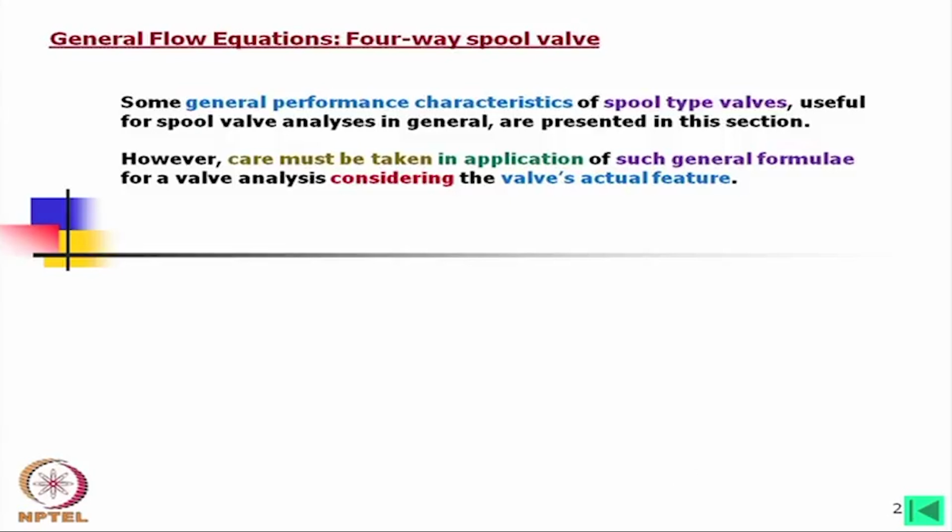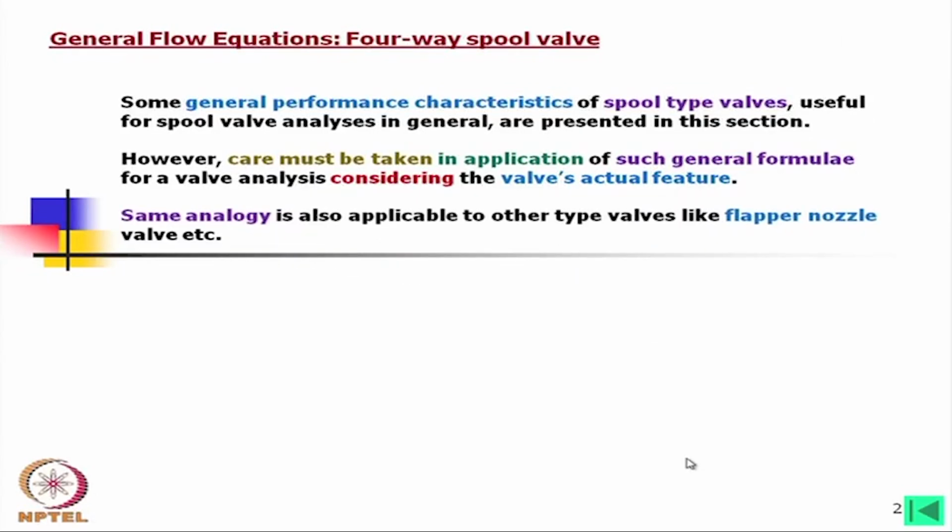However, care must be taken in application of such general formula for a valve analysis, considering the valve's actual feature. The same analogy is also applicable to other type valves like flapper nozzle valve, etc.